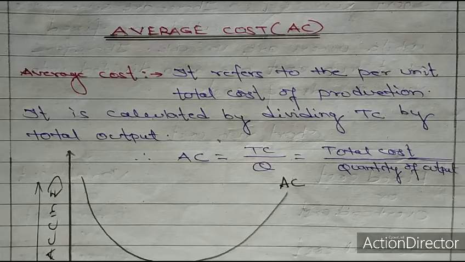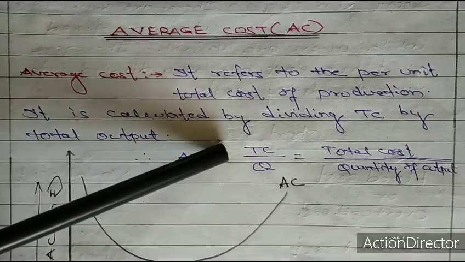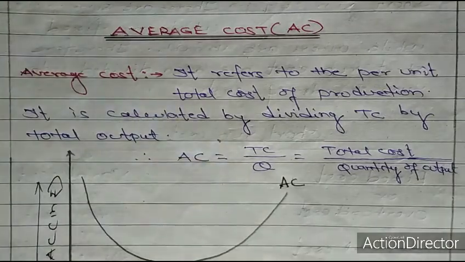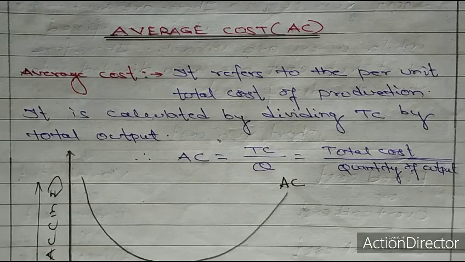When you divide total cost by total output, you get average cost. So average cost is total cost divided by output. Average cost can also be defined in two ways: average fixed cost and average variable cost. Before that, we will discuss how the curve of average cost looks.